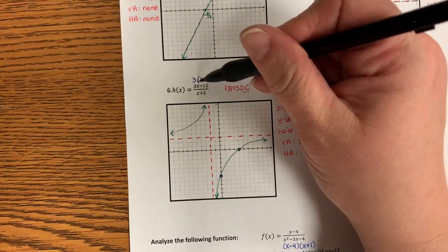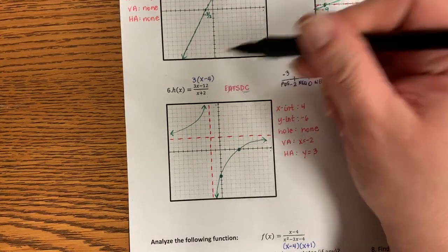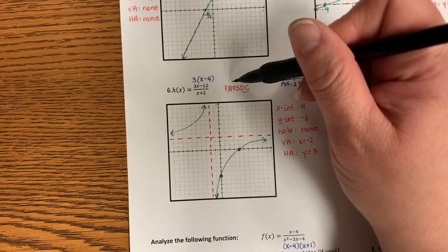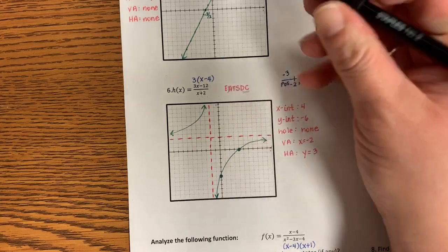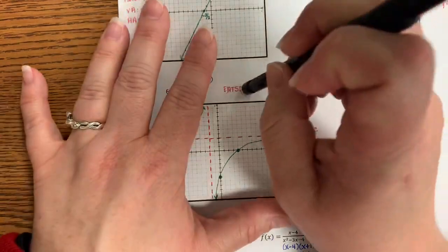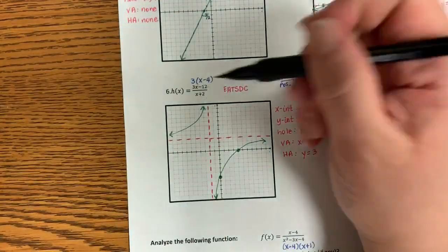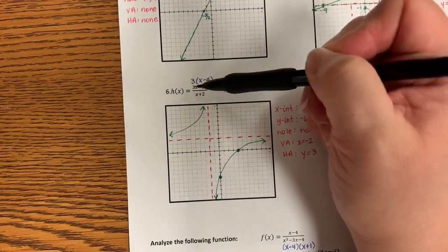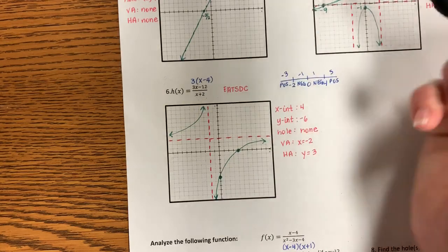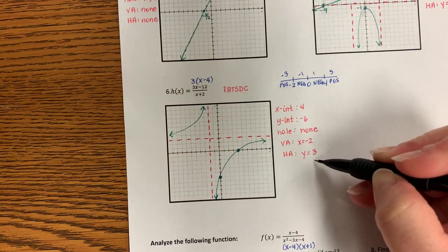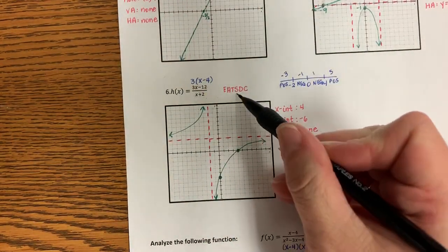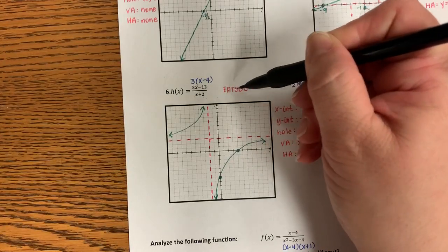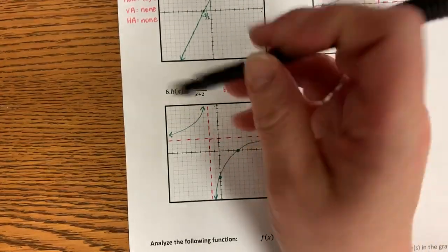So if the degrees, your exponents, are the same, then you divide coefficients, and that's the leading coefficients, okay? So that's going to be 3 divided by 1, and so that's why it's y equals 3, because our leading coefficient on the top is 3, our leading coefficient on the bottom is 1. Okay, sorry, exponents are the same. I think that's what that stands for. I just lost that for a second.